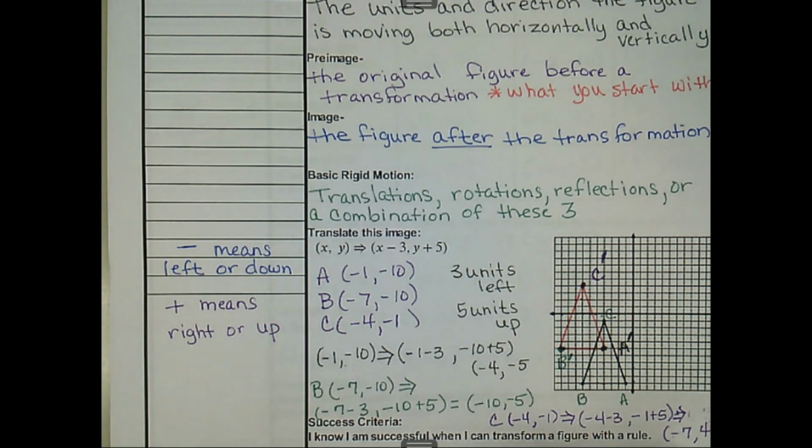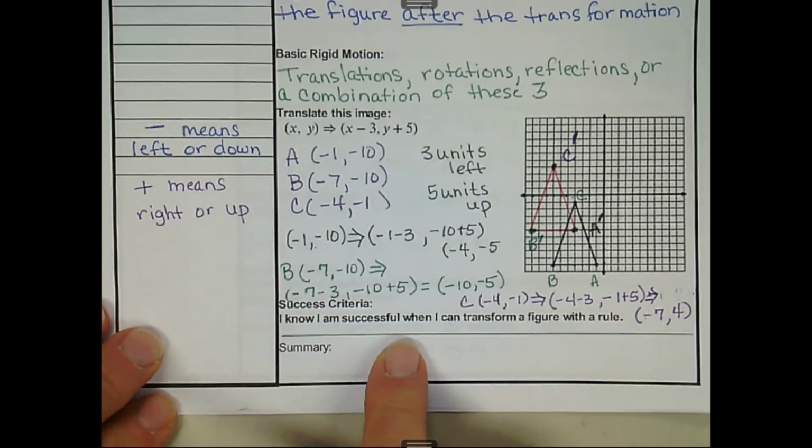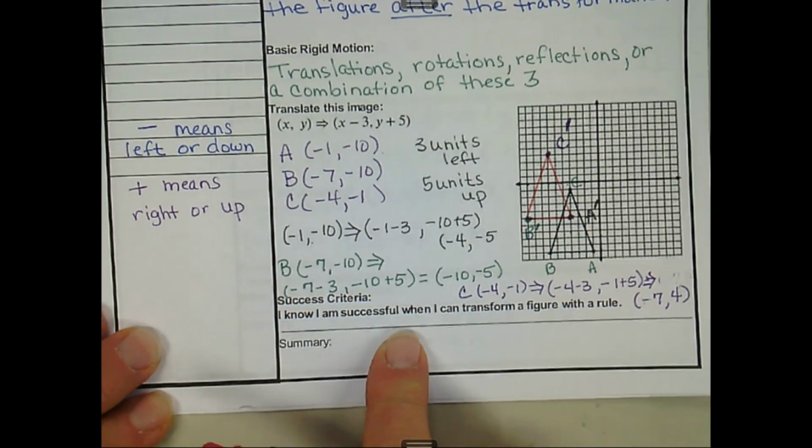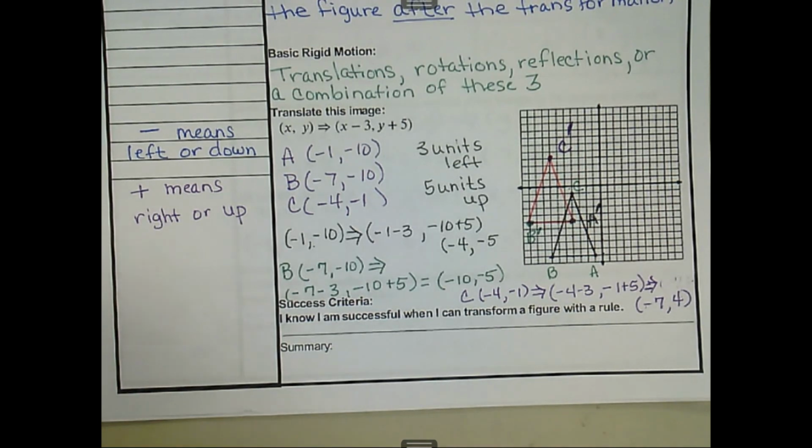Okay, remember when I told you that geometry has a lot of algebra? Well, this algebra here is pretty easy to do because it's adding or subtracting, but it's still algebra.